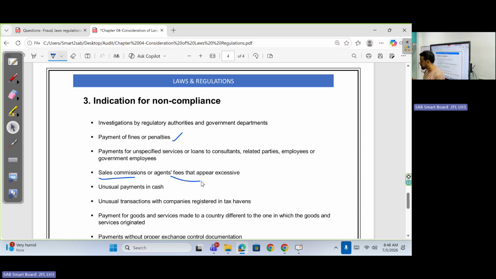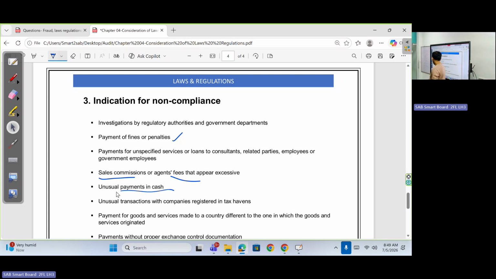That's also a problem. So these are the problematic areas. Then you have to analyze further whether there is any non-compliance of payments.